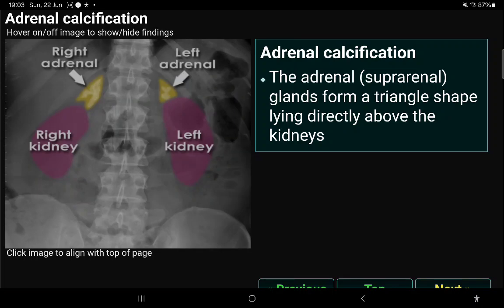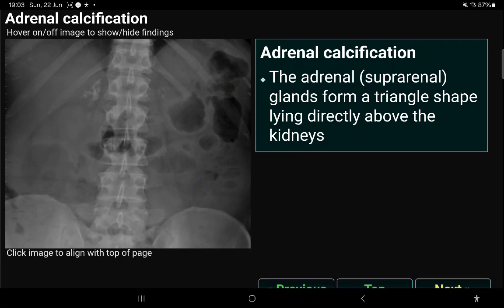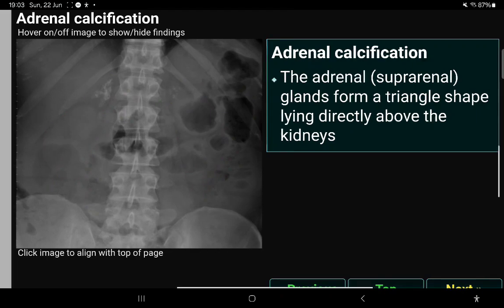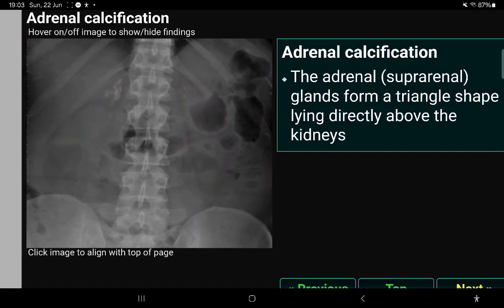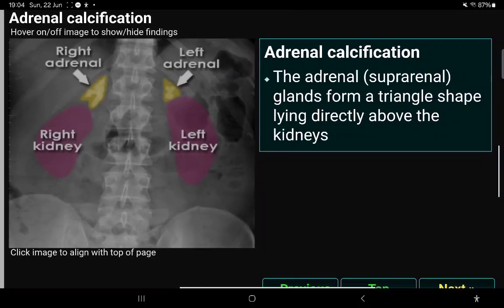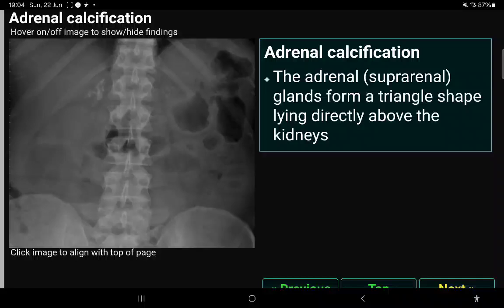Here we have the right adrenal gland and left adrenal gland with the adjacent kidney on each side. So this is adrenal calcification with apparent renal shadows underneath. Moving to other types of calcifications.